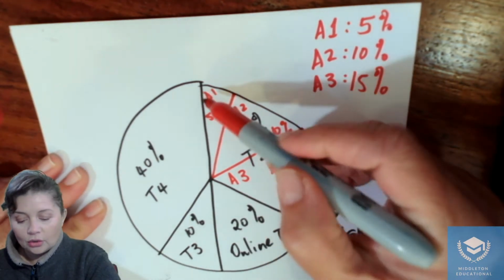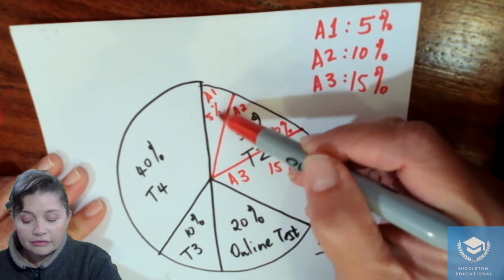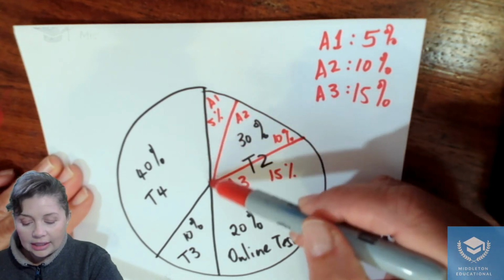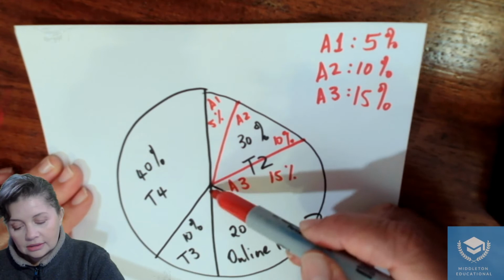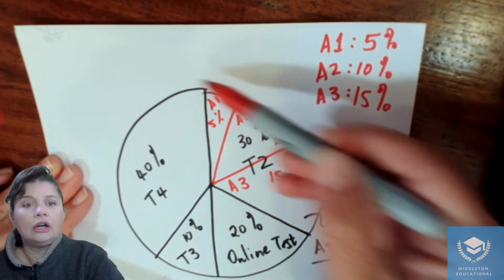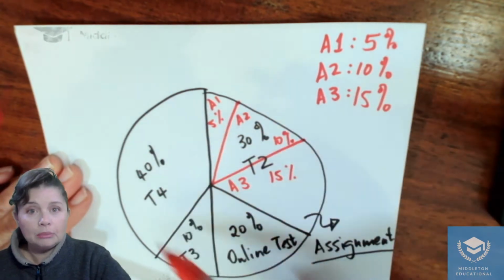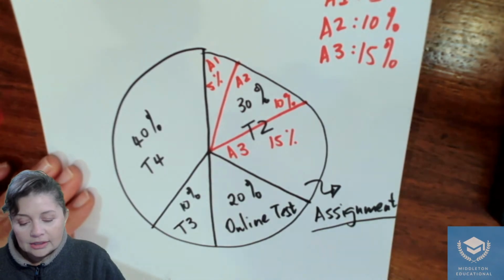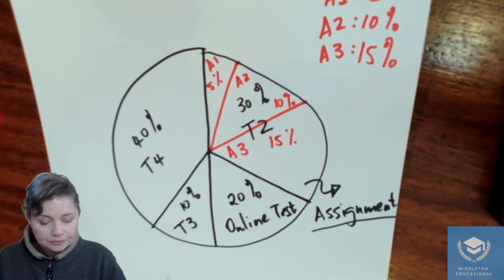So I say again, that is assignment 1, which is 5% of our overall mark. This slice is 5% of the big pie. Assignment 2 is 10% of the big pie, and assignment 3 is 15% of the big pie, but you have to put them in slots. So we slotted it into the 30% section.